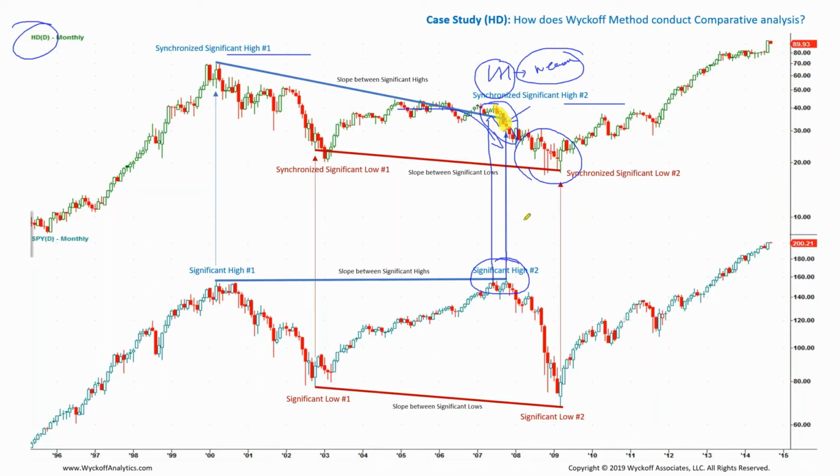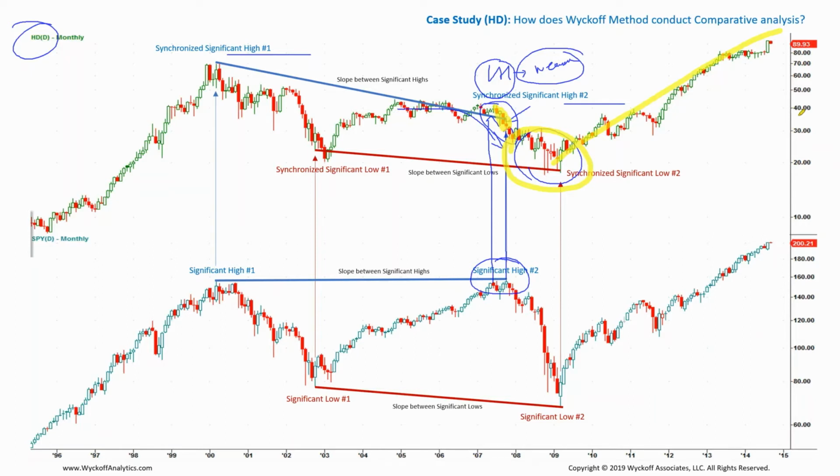The more causality we see of comparative relative outperformance in this area, the more we're thinking that institutions are extremely active and aggressive at these lows, and they are extremely aggressive with their buying. So therefore, we could project that the effect of this initial leadership in the trading range could resolve itself in the significant leadership that would follow afterwards. And that's the whole idea.